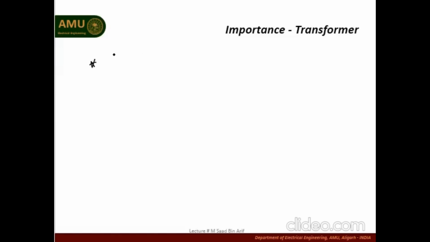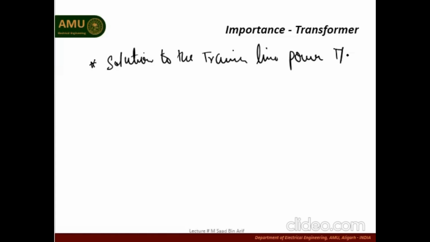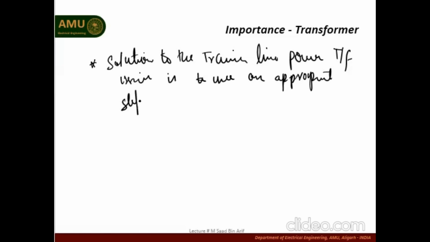So the solution to the transmission line power transfer issue is to use an appropriate step-up transformer at the generating station.